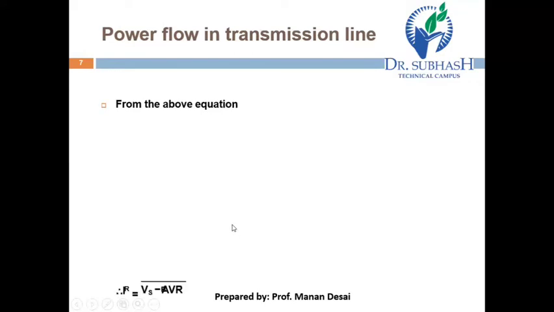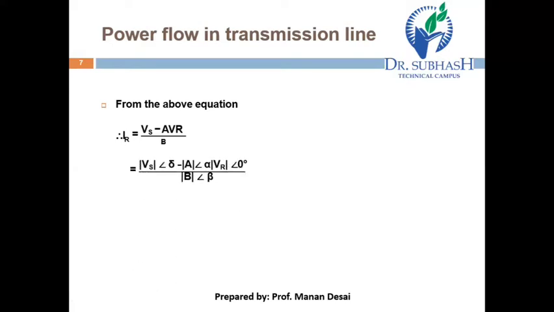So from the above equation, further we simplify: IR is equal to VS minus AVR upon B. VS has some angle delta, minus A has angle alpha, VR as we say is the reference phasor, so it is at zero angle, and B is at beta angle.